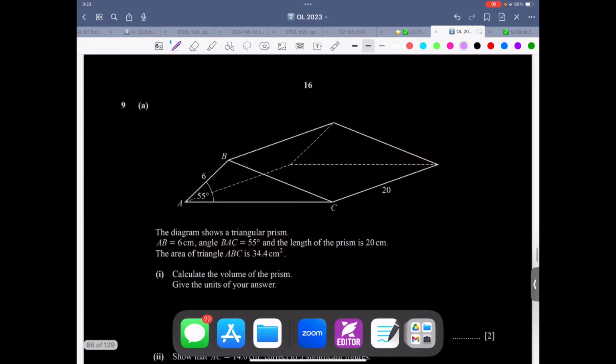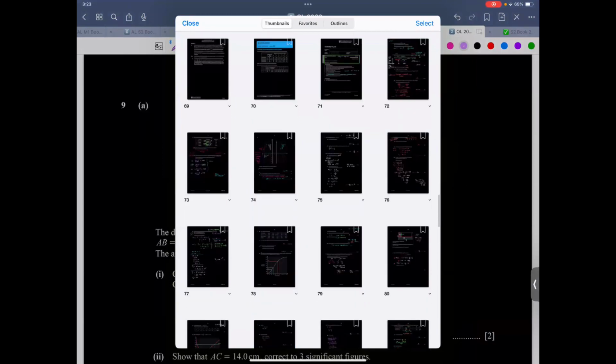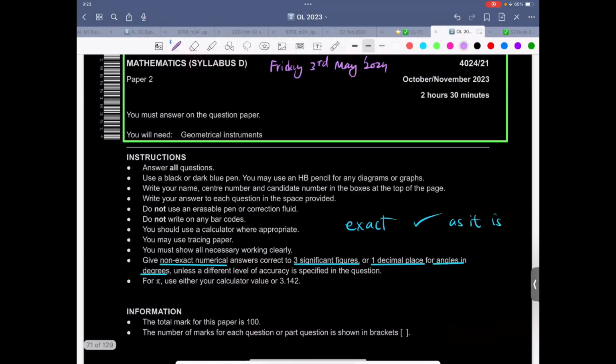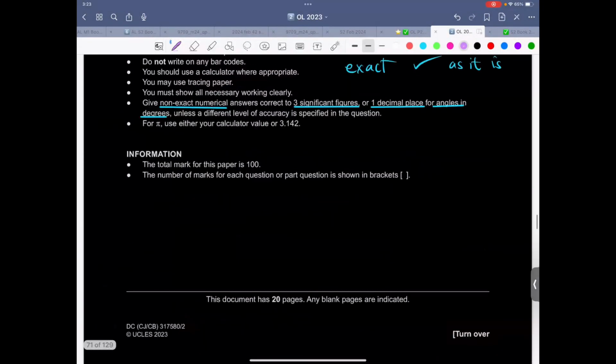Now we are on question number 9, and it's 3:23, and there was a small break of approximately 7-10 minutes. So let me just look at the timing. We started at 2:25. So let me write it down: 2:25, and then this is 3:25.